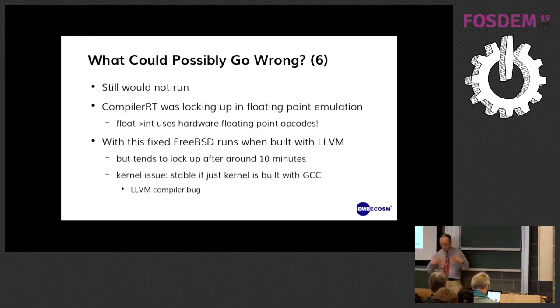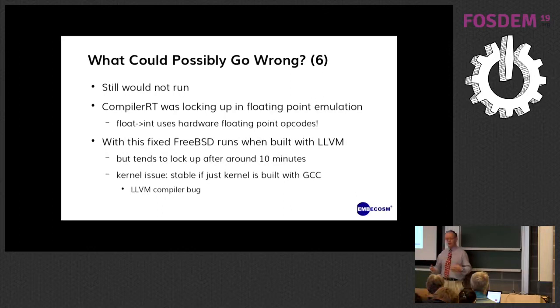So we got it all compiling. The compiler seemed to be pretty much good, and it still would not run. And the reason came down to Compiler-RT. Now, for those of you who don't know, Compiler-RT is the low-level emulation library for LLVM. If you don't have hardware floating point, you do it in emulation, in Compiler-RT. And RISC-V is quite clever.